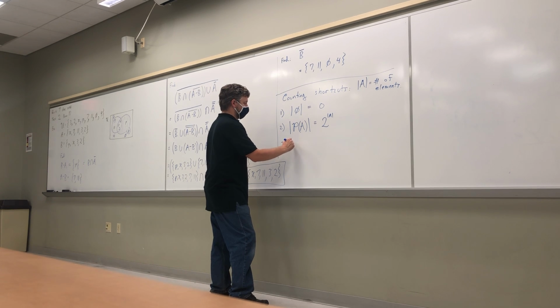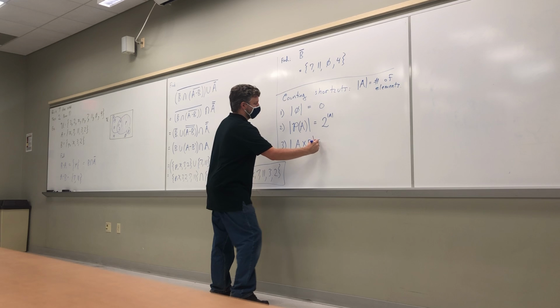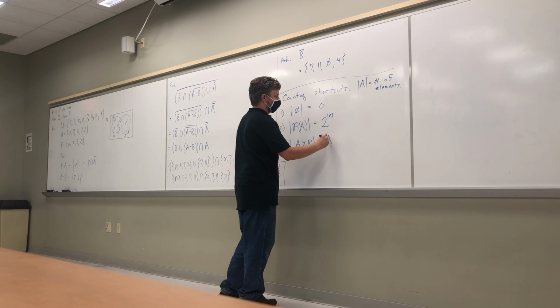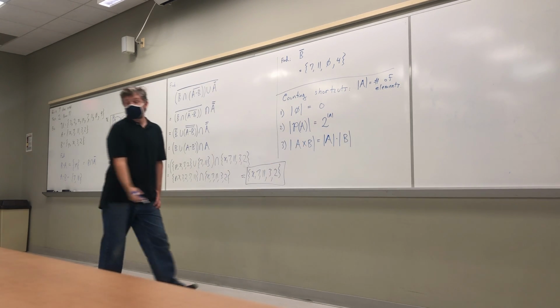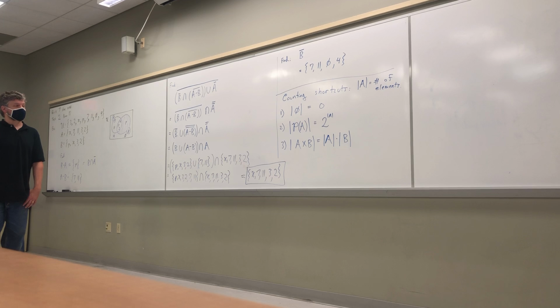Then we did the Cartesian product. And that shortcut is that you can just directly count the 2 smaller sets and then multiply those numbers together.